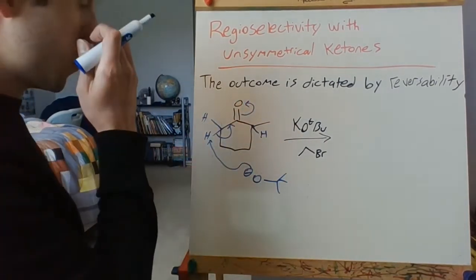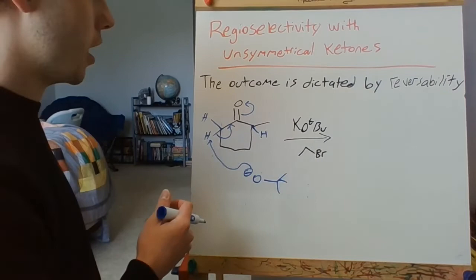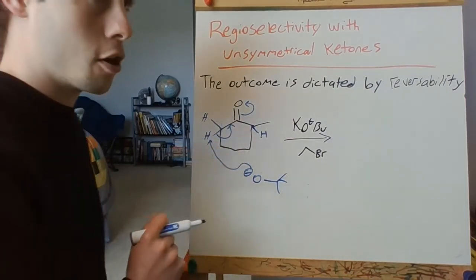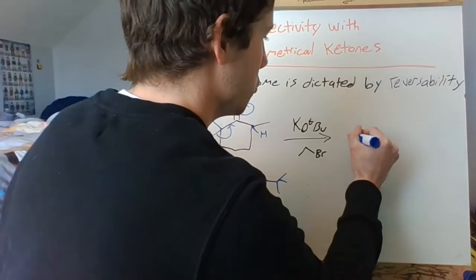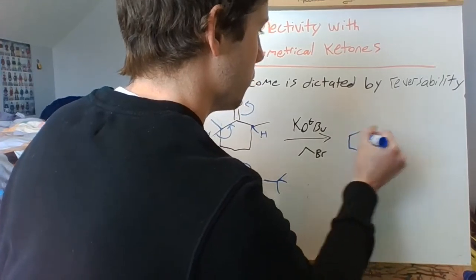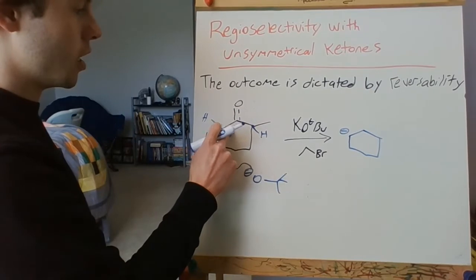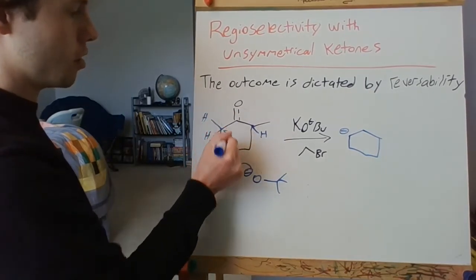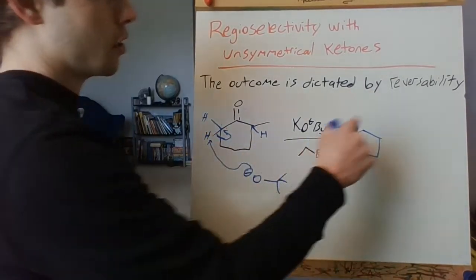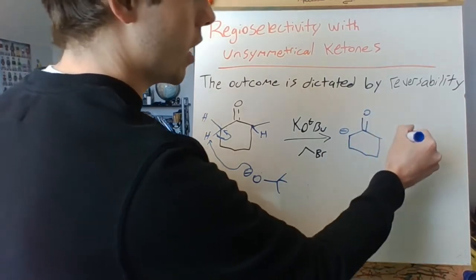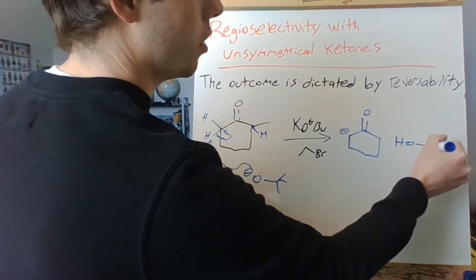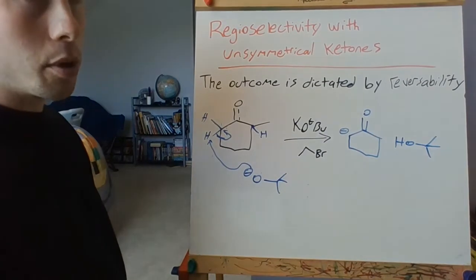And so that would give us an enolate or a carbanion. And so if we draw that out, forget this top arrow right here, we would actually move these electrons onto the carbon. We get our carbanion, and then we have tert-butanol as our byproduct.